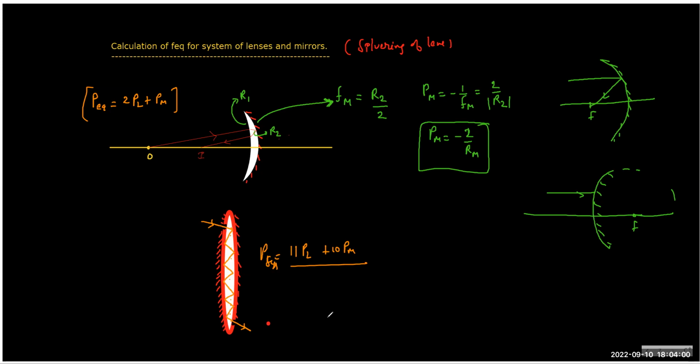So to solve a question, first of all, I'll find the power of the lens, which we can write as (mu minus 1) times (1 by R1 minus 1 by R2). If light is coming from the left, it is 1 by minus R1 minus 1 by minus R2.